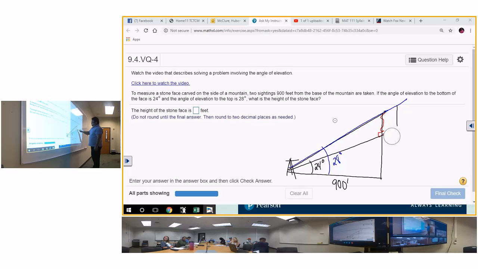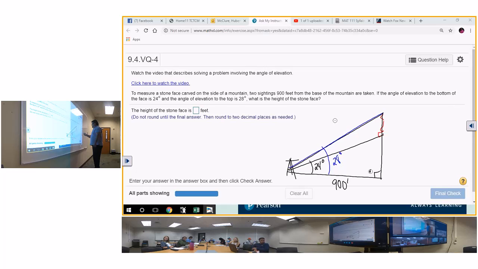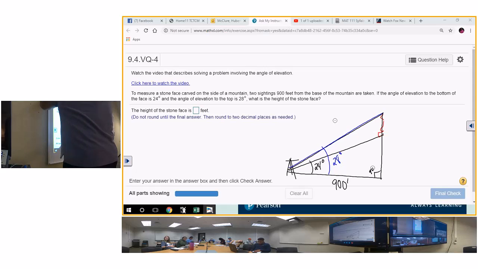Now, you know that this angle is 90 degrees, of course. And it looks like you've got similar what? Triangles. Similar triangles. So we've got one triangle that looks like this, and that's going to be 24 degrees, and this is 900, and we don't know what that is.